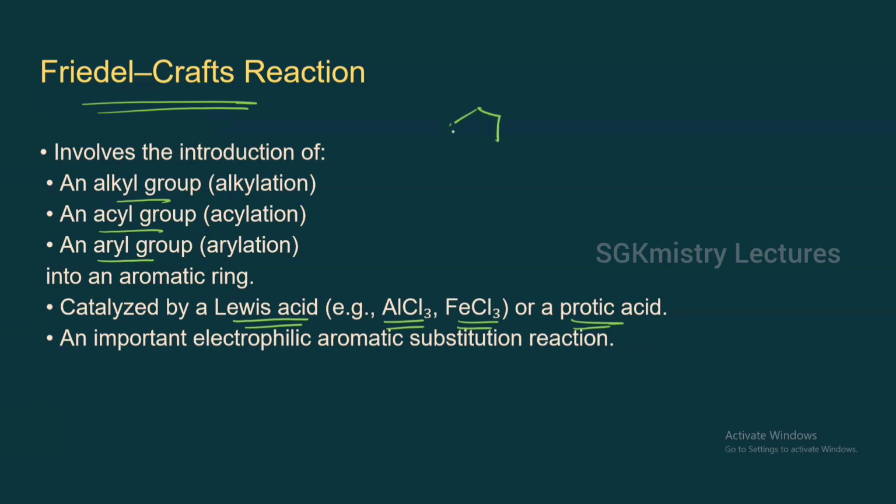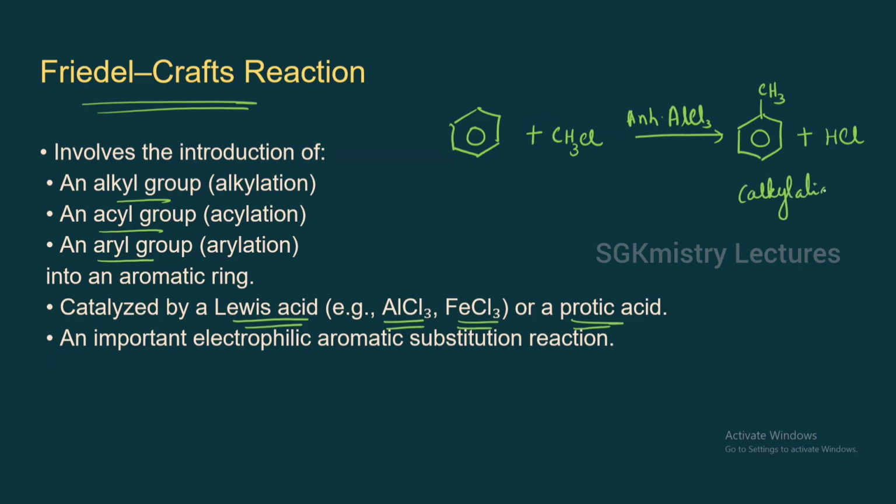Let me take benzene. We have methyl chloride in the presence of anhydrous aluminum chloride catalyst. Here the methylation takes place. The methyl group is introduced into the ring, so we have CH3 along with HCl. This is nothing but alkylation, right?